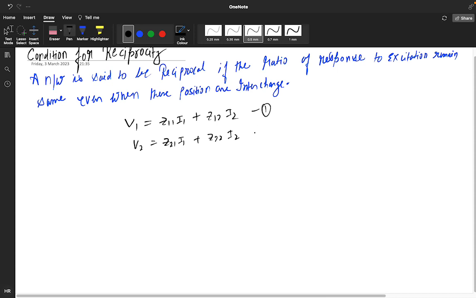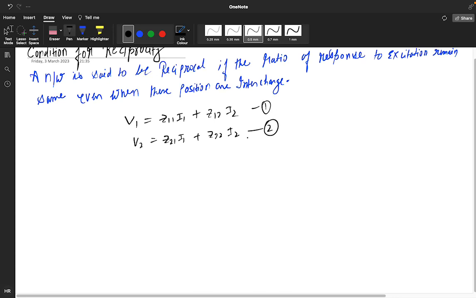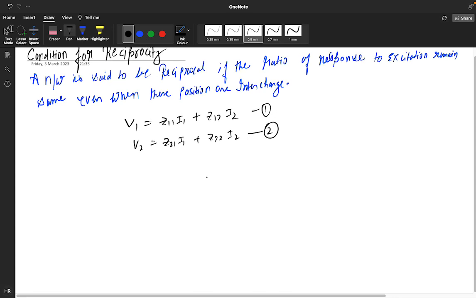This is equation 1, this is equation 2. For checking reciprocity, you first have to make the two-port network. So suppose we have a two-port network like this.